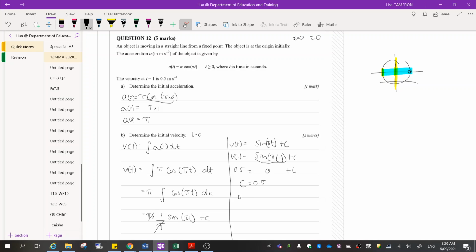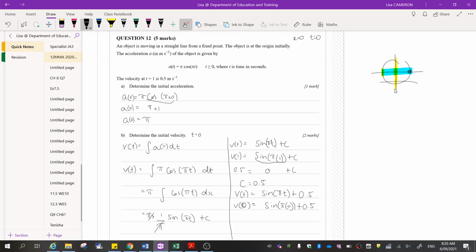Now I can restate my function. V of t is equal to sine pi t plus 0.5, and I'm going to let t equal 0 to work out our initial velocity.